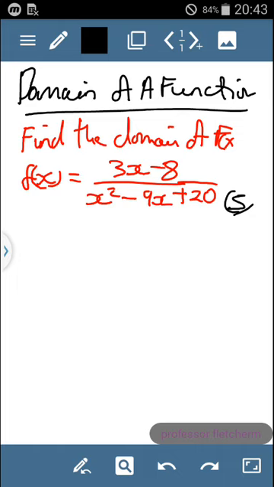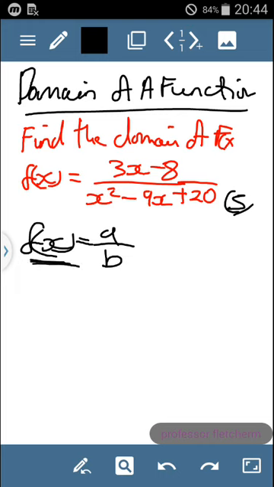So basically what you need to understand when you are talking about domains of a function is that you want to find particular points at which this f of x, let's say a over b, does not make sense.